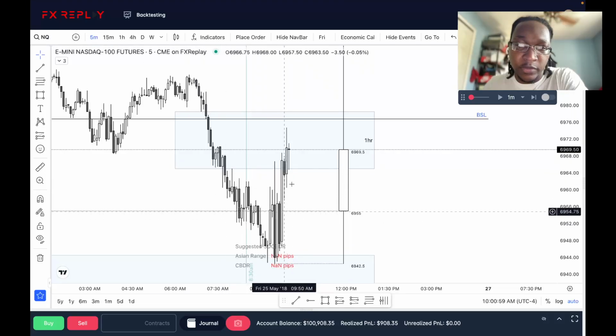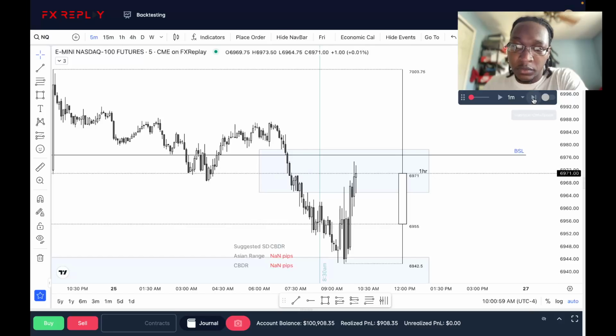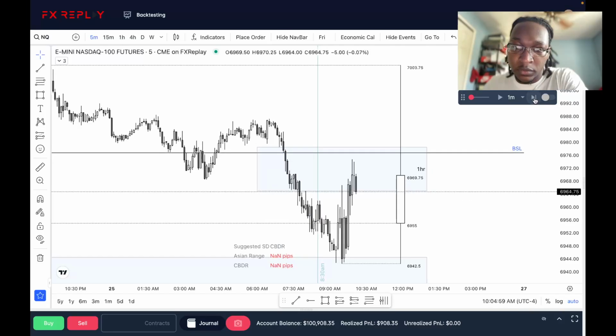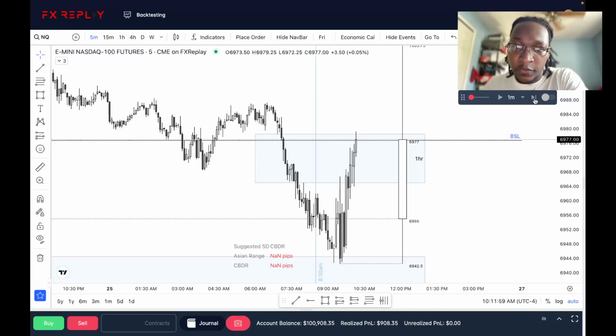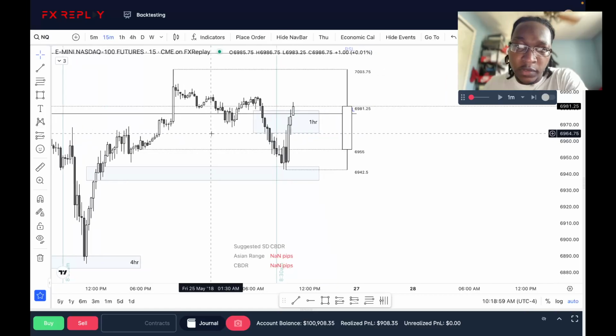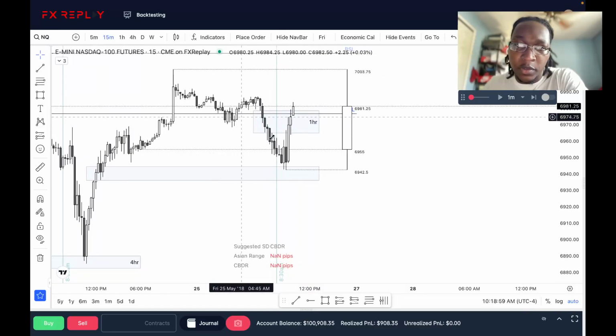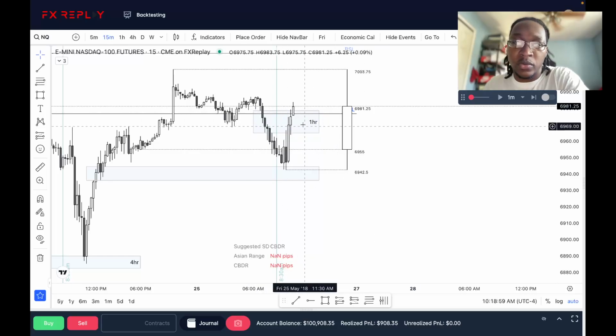And no fair value gaps created yet. Looks like, yep, fulfill here. The SIBI. 15-minute gaps, nothing. But this 1 hour gap can be used as support to push higher.